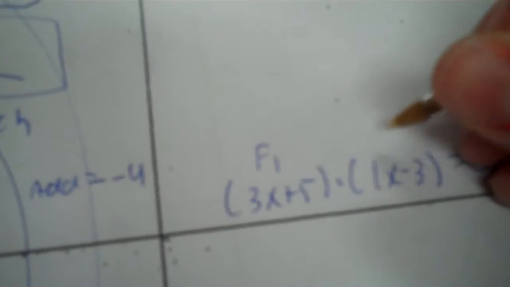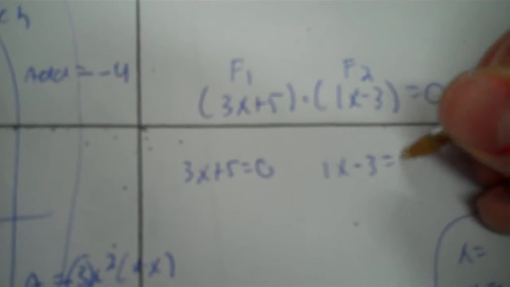So F1, F2. So 3x plus 5 could equal 0. 1x minus 3 equals 0. Okay, you got times 3, so you leave that. 0 minus 5 is negative 5. Then you divide by 3.